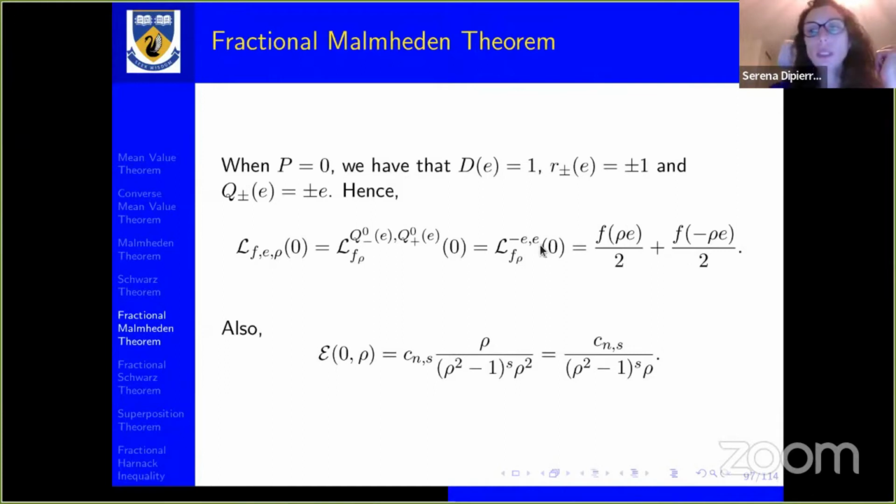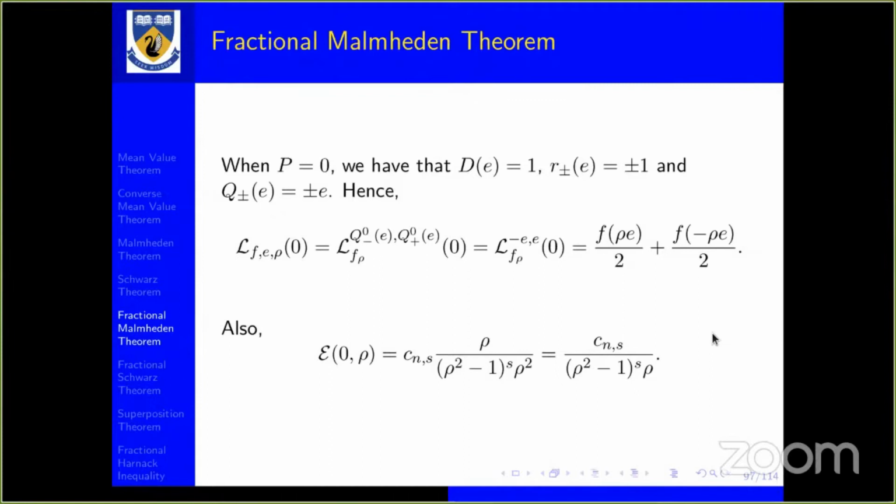This is interpolating e and minus e. So it's the function that interpolates f, the value of the function at e, with the value of the function at minus e. So if you write it down here, this is what you have.